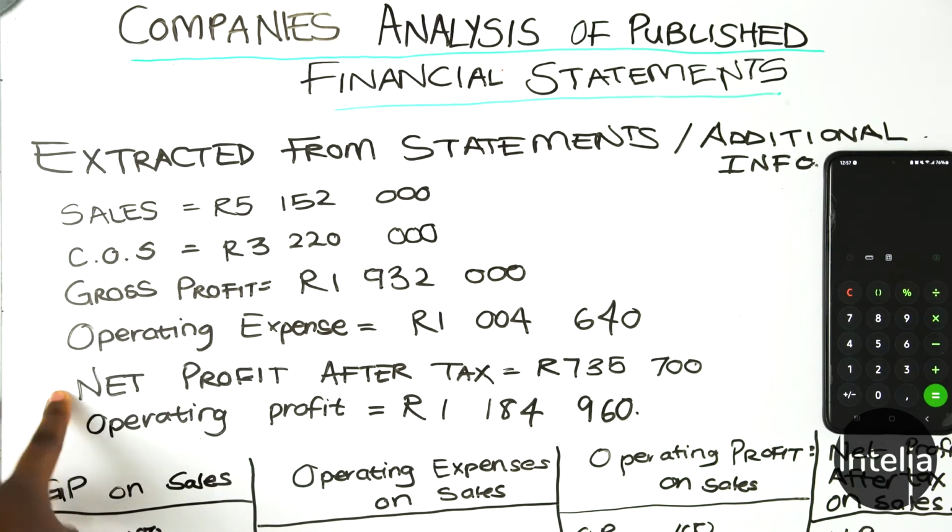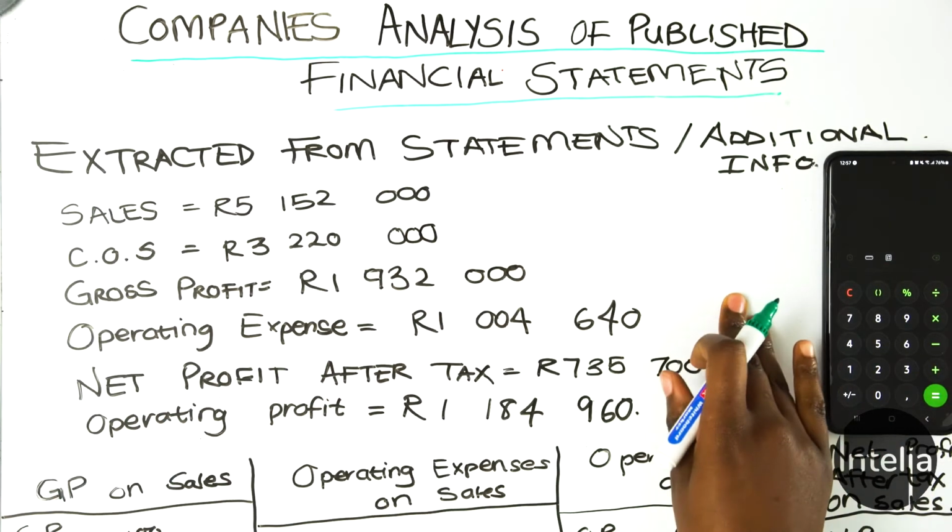Net profit after tax was 735,700, and operating profit was 1,184,960.